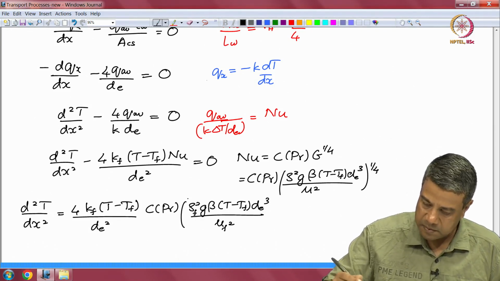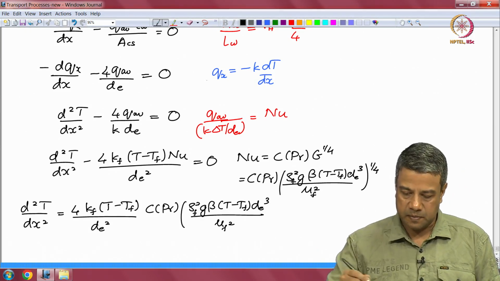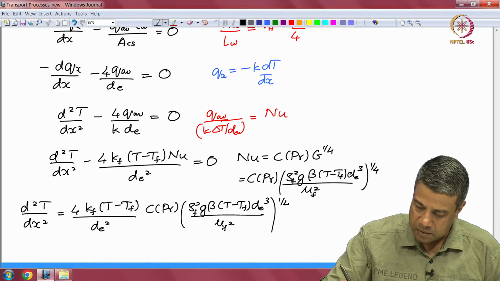Let me put the subscript f to represent fluid properties, whole power 1/4.